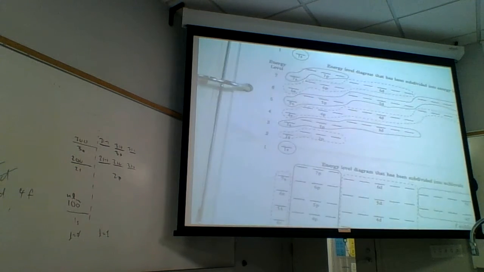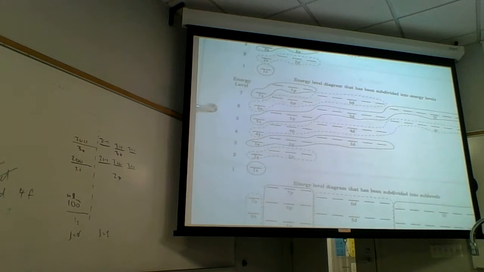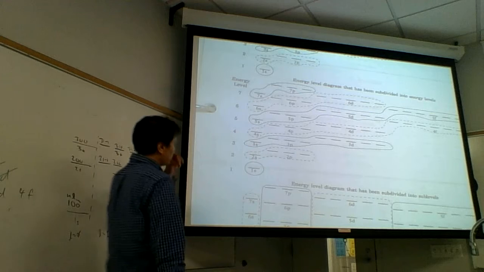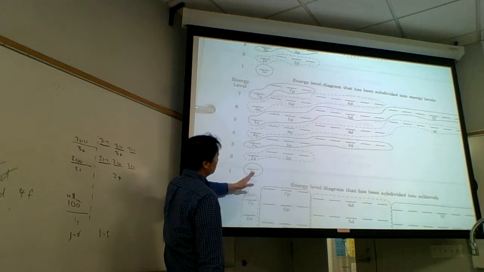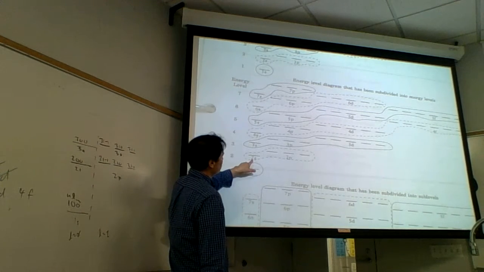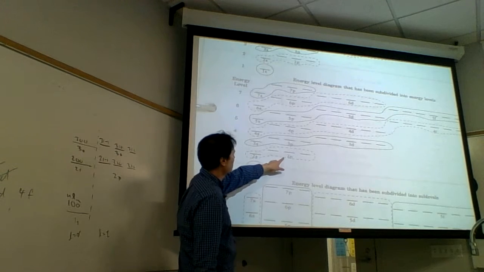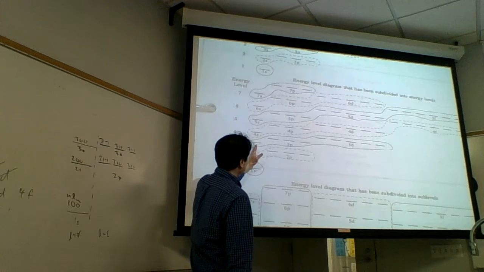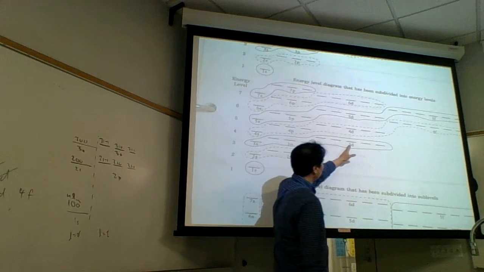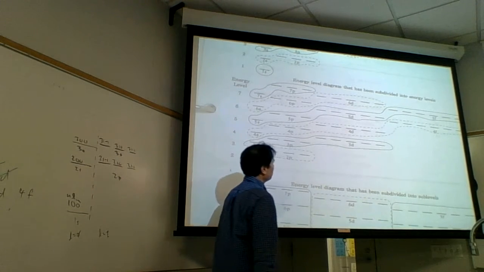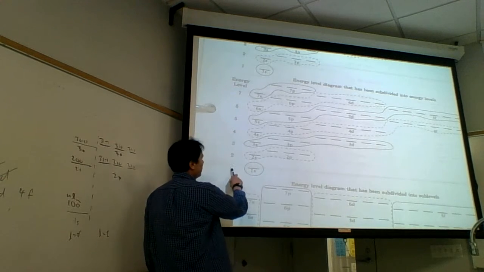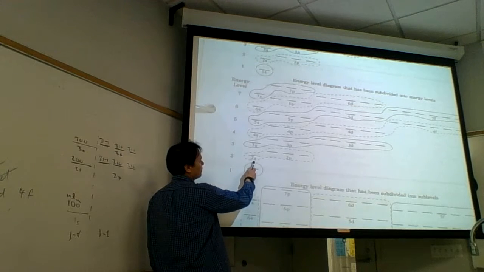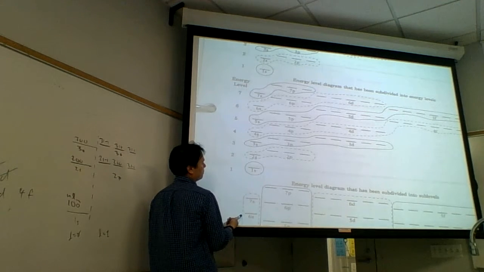When we look at each individual n value, then we can see here, when n equals 1, L equals 0. That's all. When n equals 2, L is equal to 0, which is S, and L equals 1, which is P. When n equals 3, we have 0, 1, and 2 available to the L values. And so for each n value, we have what we call sublevels, or subshells.